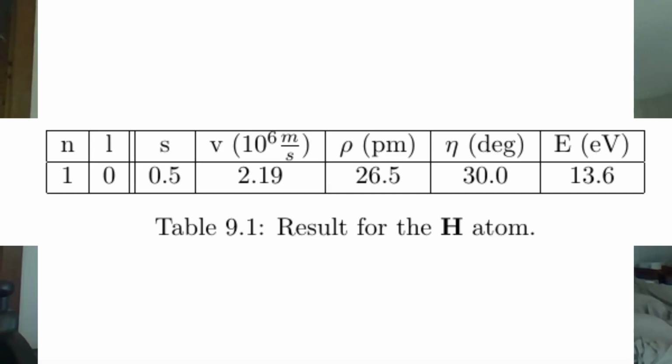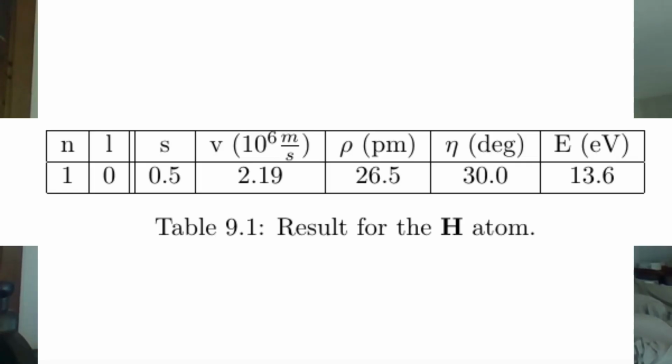You see the small point on the side. This is the nucleus, and you have the electron with this spiraling trajectory, which in perspective looks like this. And with this I obtain the same value as the experimental one, 13.6 electron volts.